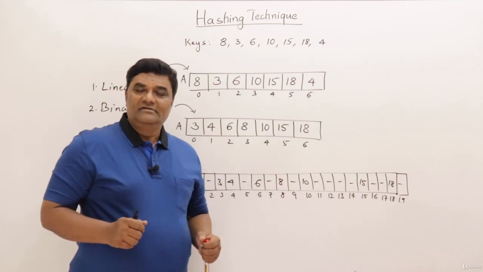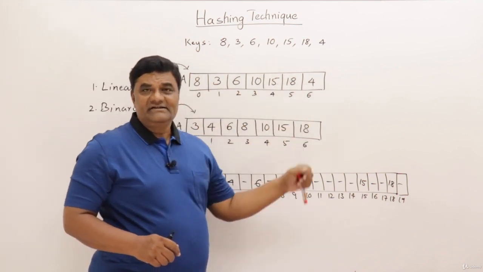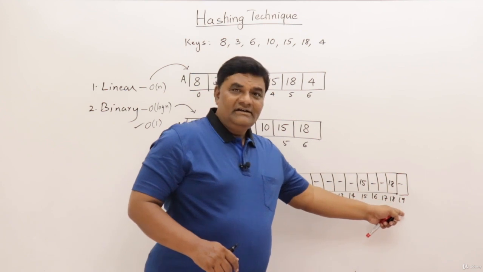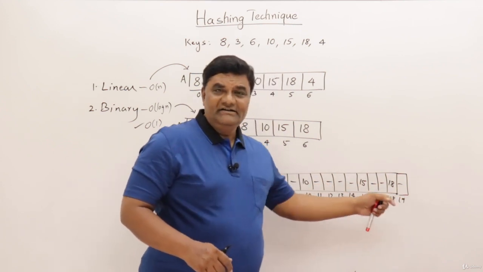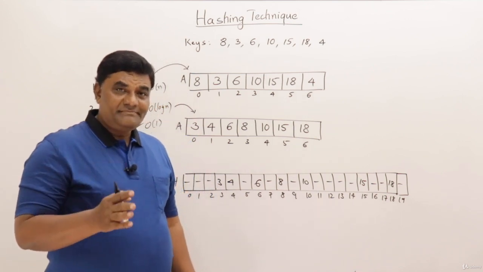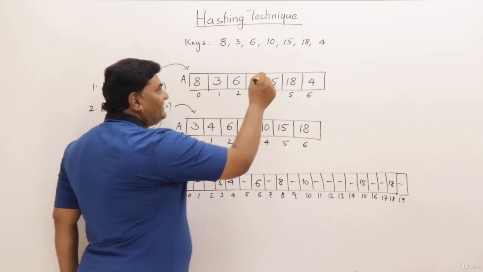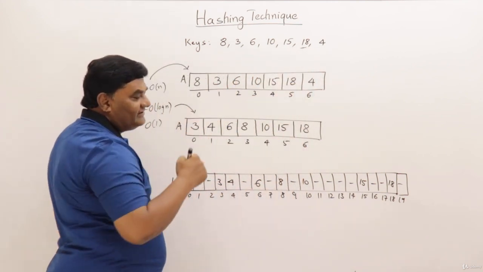Now the drawback. The drawback of hashing is, see, I have only 7 keys available here. But what is the size of the array? The size of the array is 19. I must take 19. I have taken 20, from 0 to 19. Because the largest number is 18, I must have an array up to index 18.